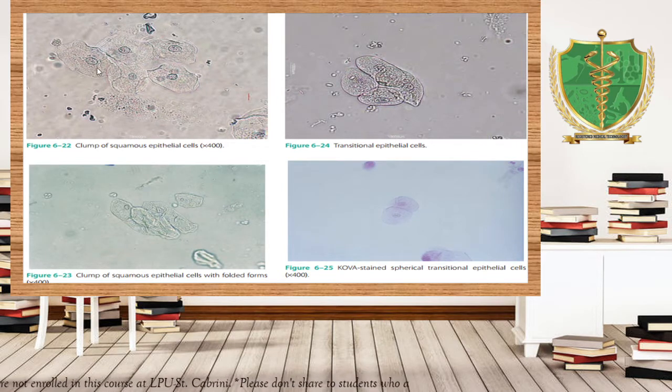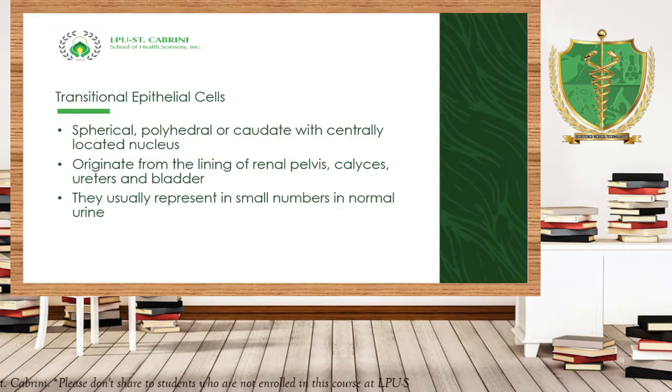Of course, squamous cells sometimes have it in the center, but sometimes on the side, unlike transitional epithelial cells, where it is just in the middle of the cytoplasm. That originates in the renal pelvis, calyxes, ureters and bladder. So that is why the presence of transitional epithelial cells is considered significant, because they originate from the urinary tract infection site.